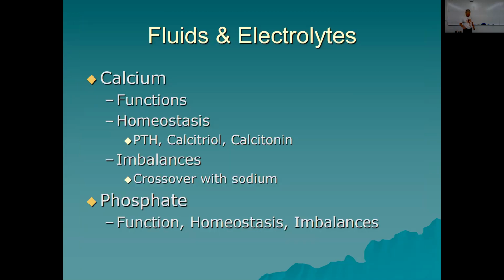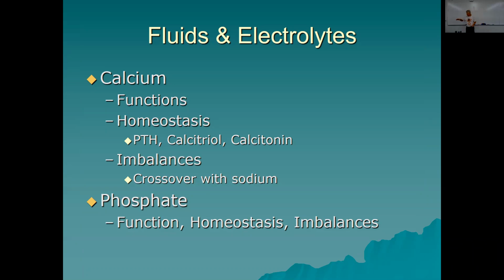Calcium functions. What are the functions of calcium? Wow. Remember, it's a trigger for all muscle contraction. It's vital for synaptic transmission, and it forms most of our bone, which is calcium phosphate salts.